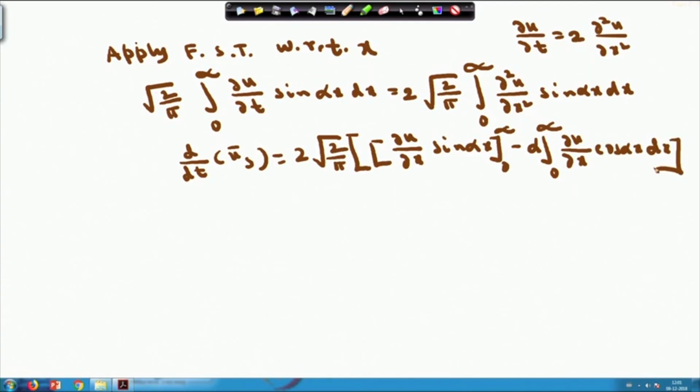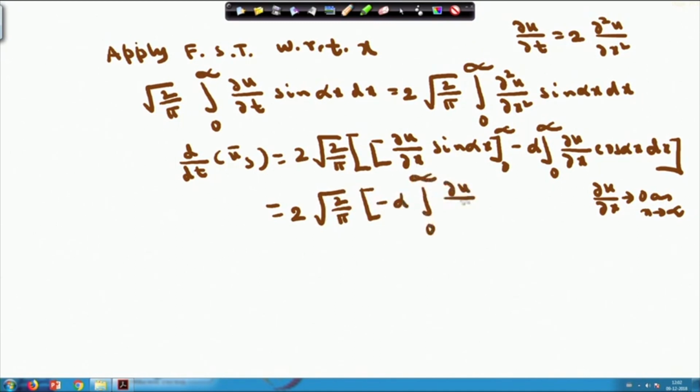So, once I am obtaining this, again the first part will vanish as del u del x approaches 0 as x approaches infinity. The first term will vanish. For the second term, you will have 2 into root over 2 by pi into minus alpha into integral 0 to infinity del u del x into cos of alpha x dx. If I evaluate this using the similar process, I can obtain the result as 2 alpha square u bar s.